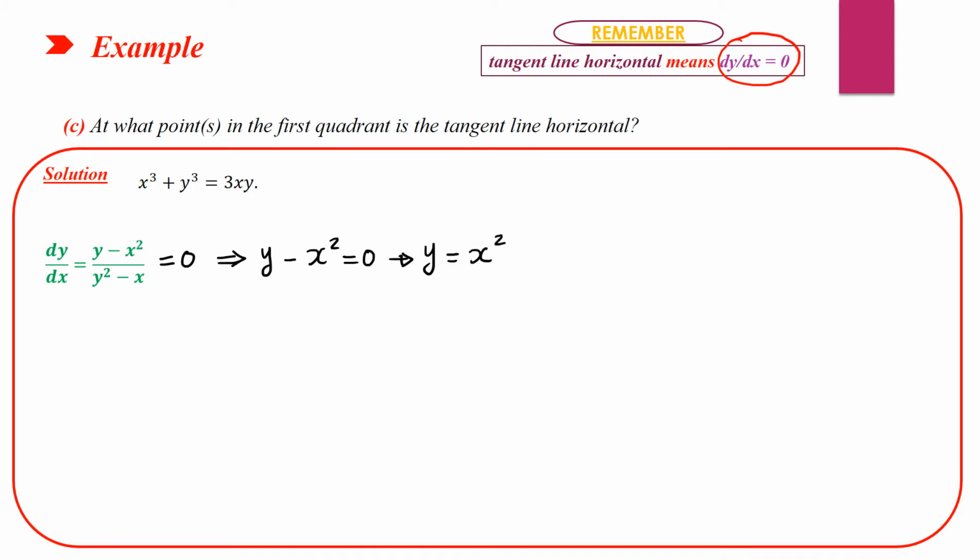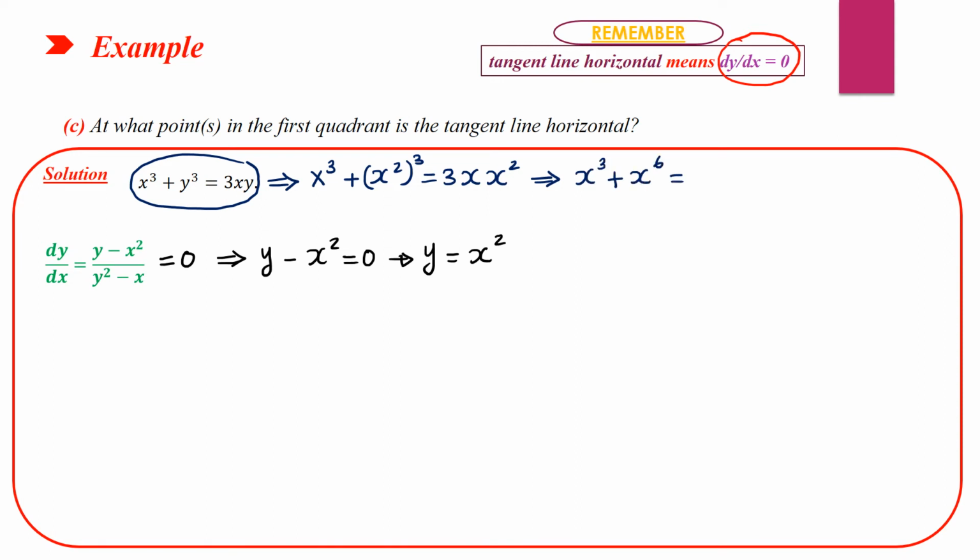Now you will substitute y by x squared in our formula. So you will get x cubed plus y cubed, which is x squared cubed, equals 3xy, and y equals x squared. So we have x to the 3 plus x to the 6 equals 3x to the 3.